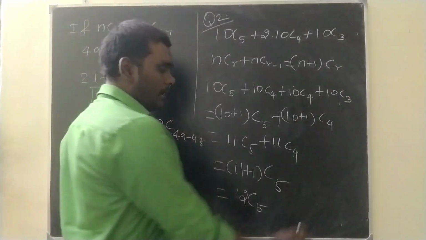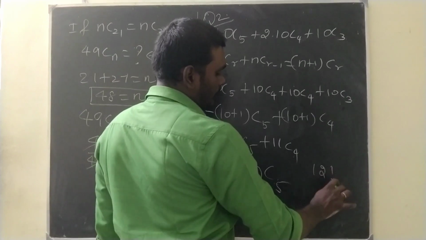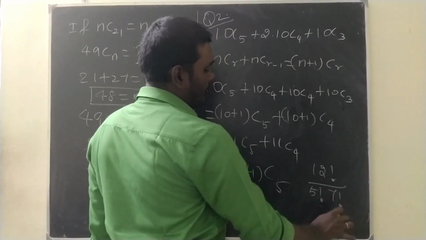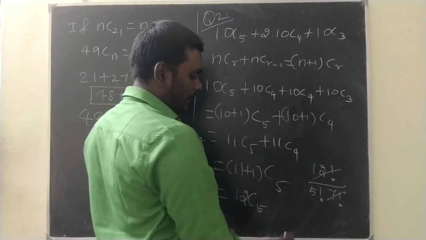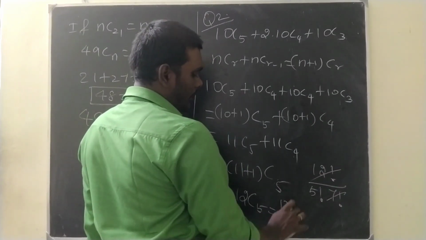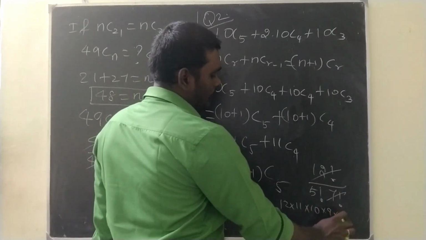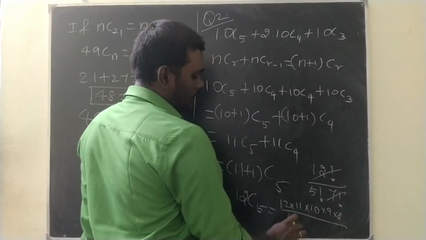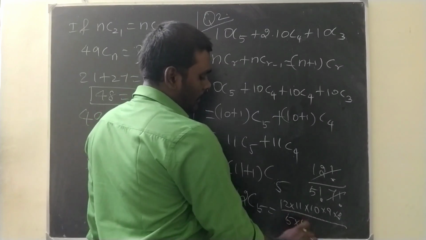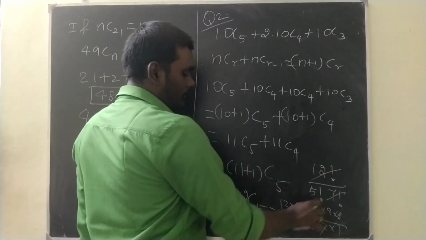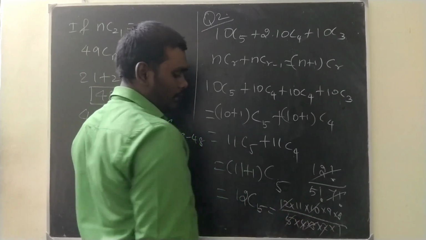12C5 means what? 12 factorial by 5 factorial into 7 factorial. These will get simplified. We'll get 12 into 11 into 10 into 9 into 8, over 5 into 4 into 3 into 2 into 1. 5 2s are 10, 4 3s are 12.